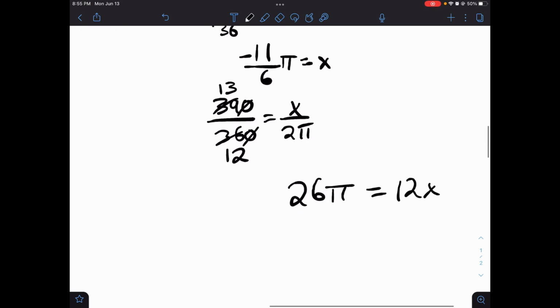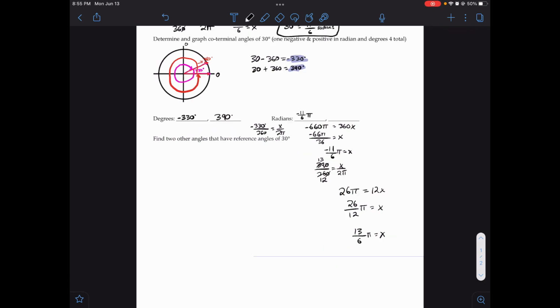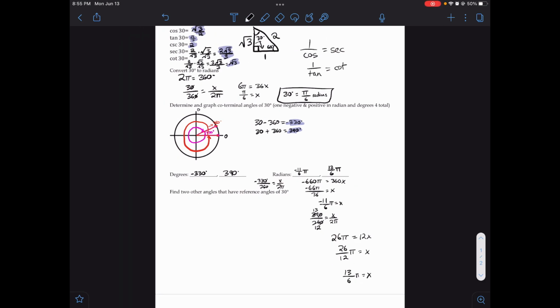Divide both sides by 12, you get 26 over 12 is equal to x, or in other terms, 13 over 6 is equal to x. 13 over 6 pi. There we go. 13 over 6 pi. Now that we have that, let me just minimize all my work so that my next question is, there we go.